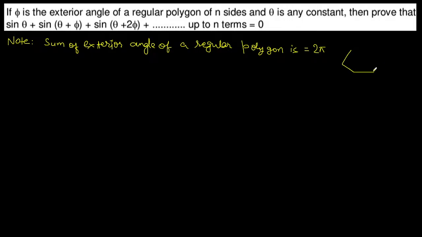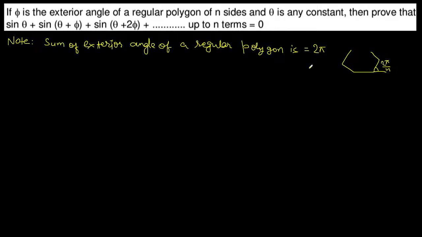The sum of the exterior angles of a regular polygon is equal to 2 pi. Okay. So by picture if you see, each one is 2 pi by n.